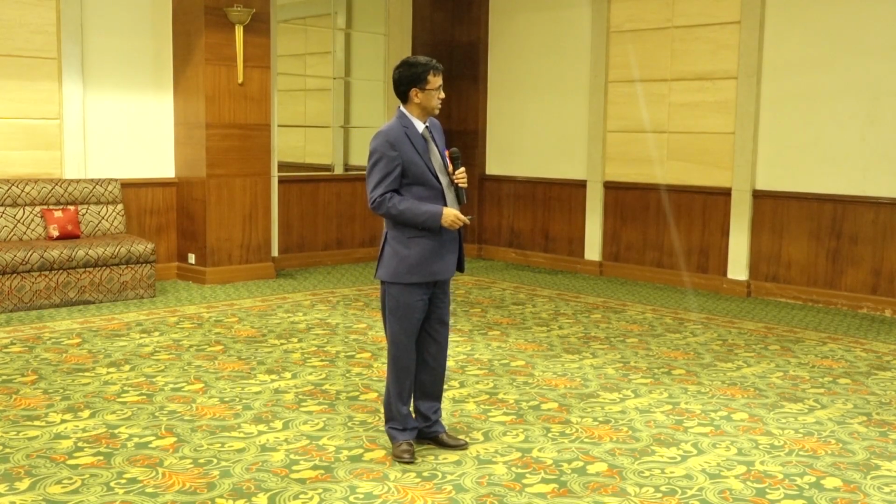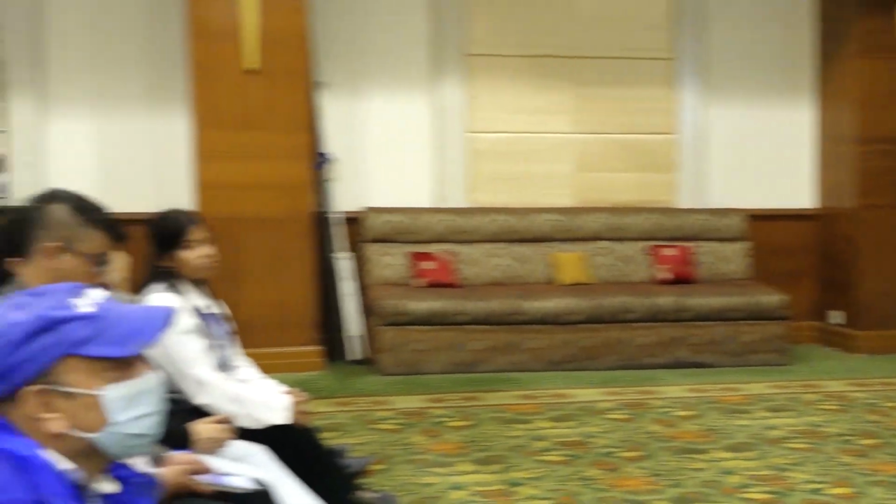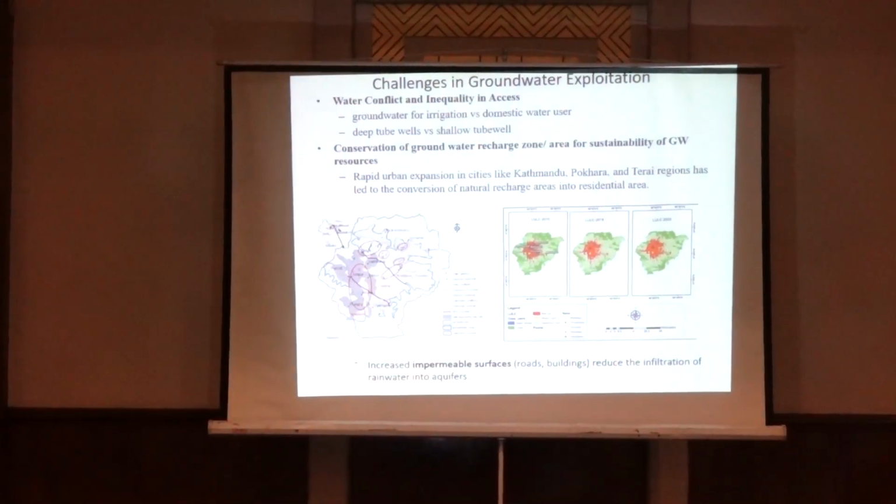A challenge in groundwater exploitation is water conflict and inadequate allocation of groundwater for irrigation and domestic water uses. In our water resource policy and water resource act, we have priority on domestic use. But sometimes there is an issue about which is the main priority for the use of groundwater, and sometimes we use deep tubewells instead of shallow tubewells.